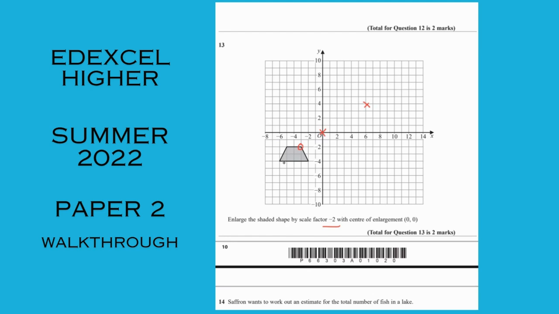And you do it like a posh dot to dot, or going from this vertex to that vertex is left 2. So it's going to become right 4. Going to here is going to be down 2, right 1. So up 4, right 2. Up 4, left 2. And as you can see, you get your trapezium. It's inverted.